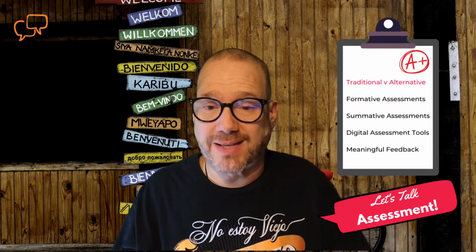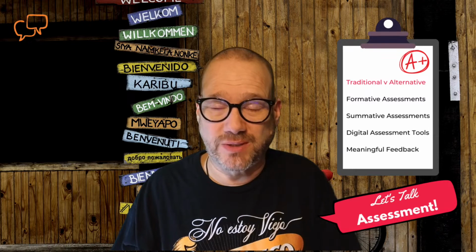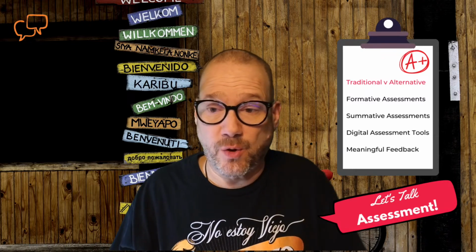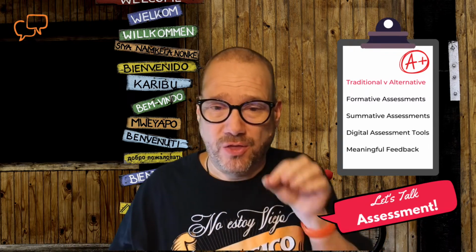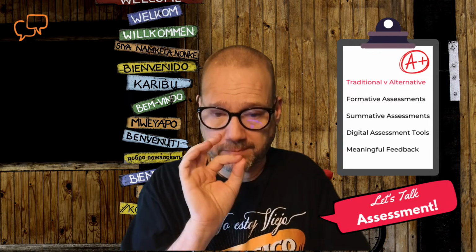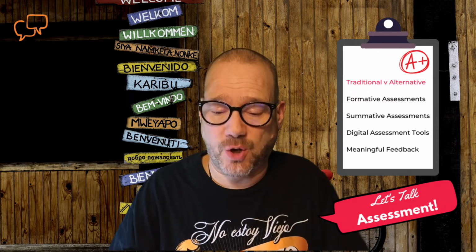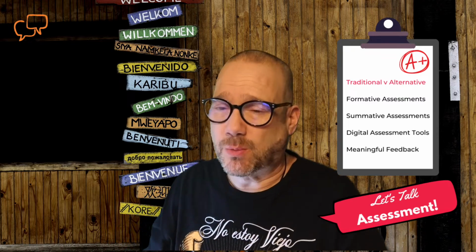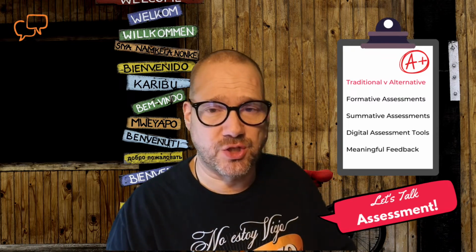But then they put in tricky ones like my friends and I. And the kids only see the I and think it's the I form, when it's actually the we form. But they're not reading the whole sentence. They're just looking for these little clues to be able to answer the question, but they're missing the whole point. Those are what traditional type assessments do.